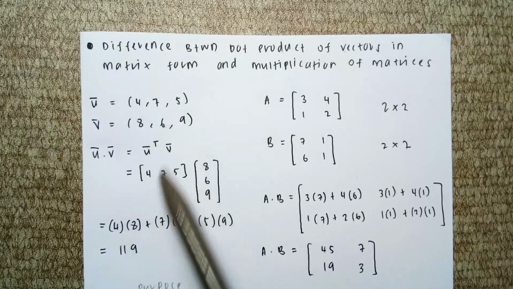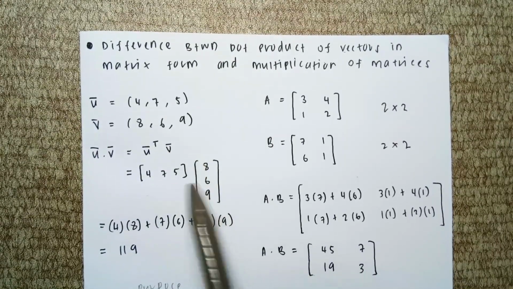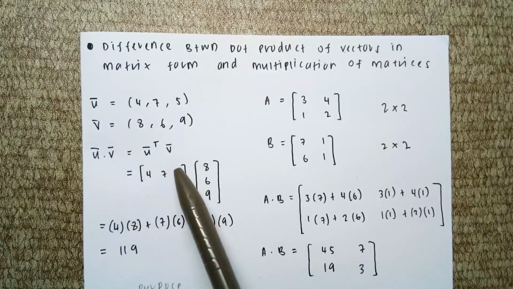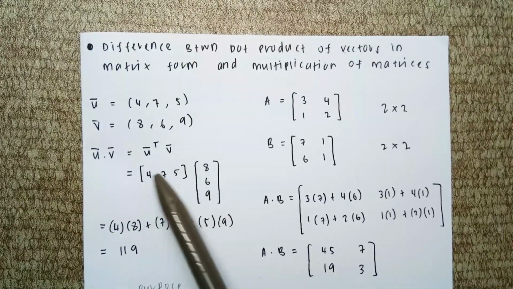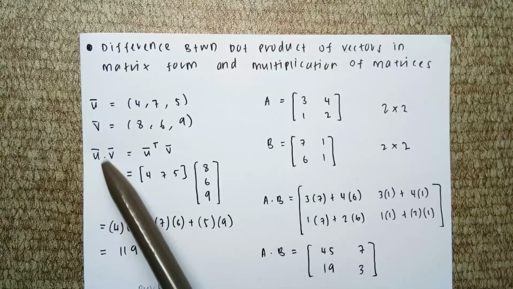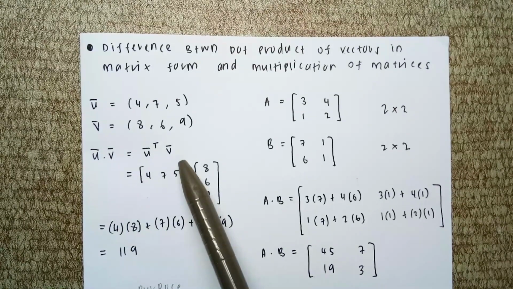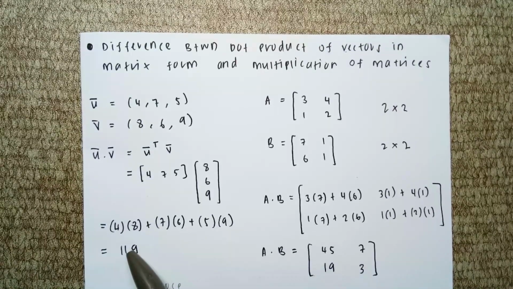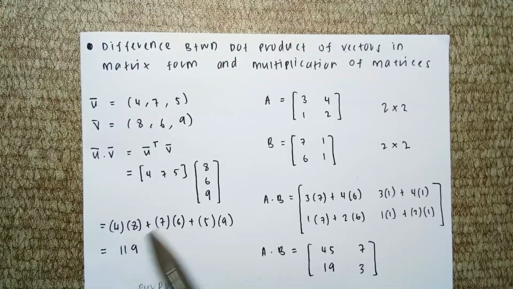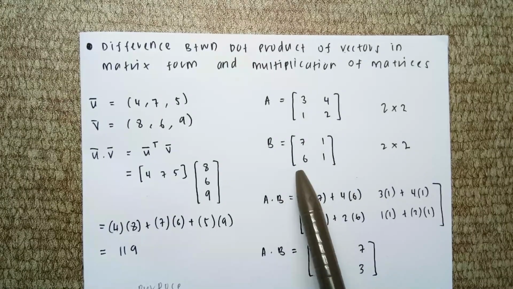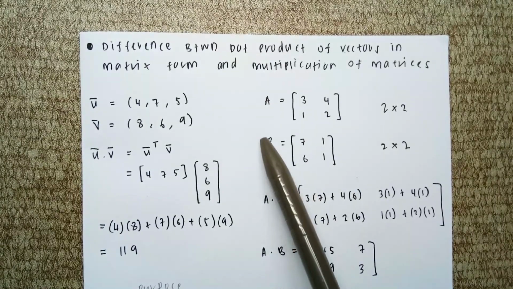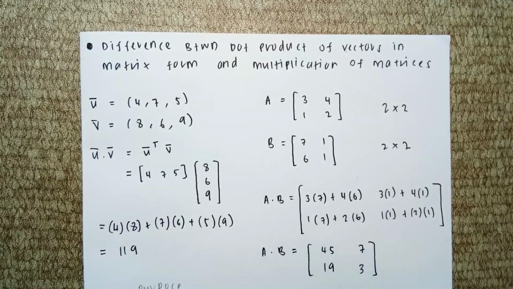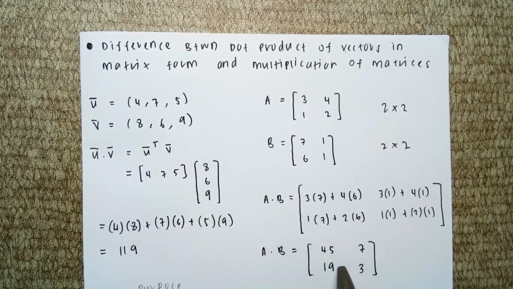So here, as we can see, there are two vectors and I change them into this form, which is matrix form, to apply this formula, and then we get this answer. And the next one is, we have two matrices and I multiplied them and we get this form of answer.